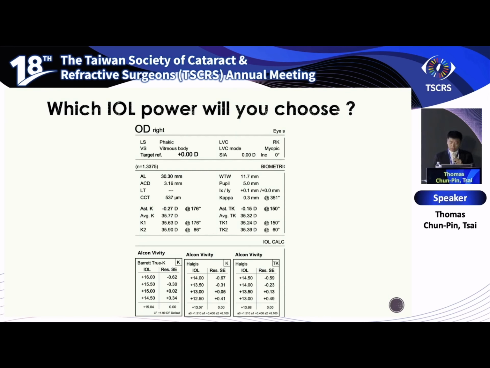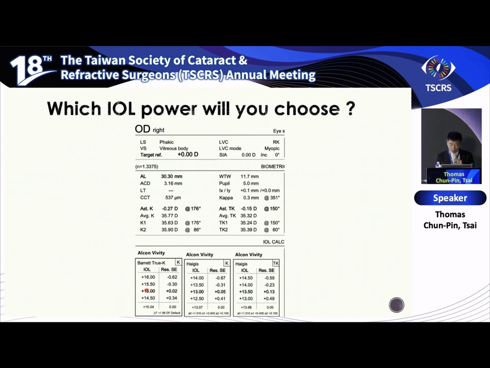Thanks for Dr. Tian's smart suggestion. We should use the newly released IOL formulas like Haigis formula or Barrett True-K formula with or without RK refractive history, and choose the highest IOL power obtained. In this patient, I will choose the IOL power as 15.5 diopter.